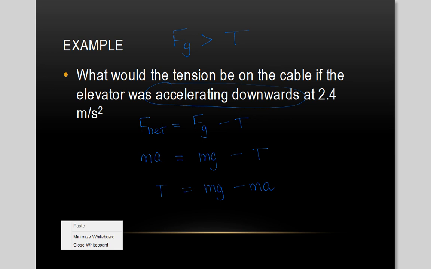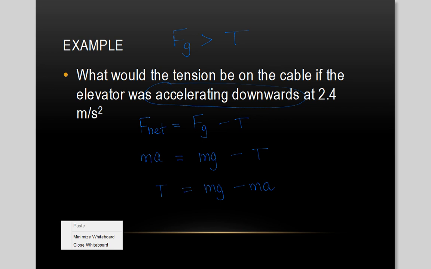Now look at this one. The tension has to be smaller than the weight. Why? Because it has to accelerate down. What if there was no minus ma? Block it out of your mind. Then it says T equals mg. Would it go anywhere? If you want it to go down, you have to have less pull than the weight.